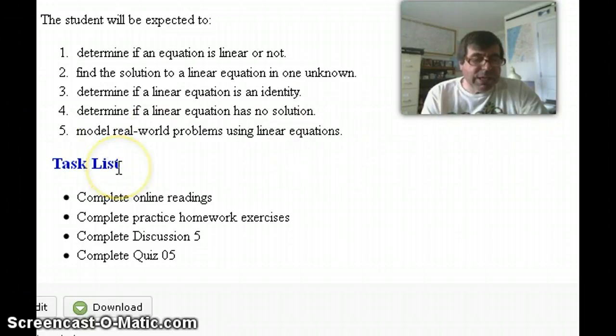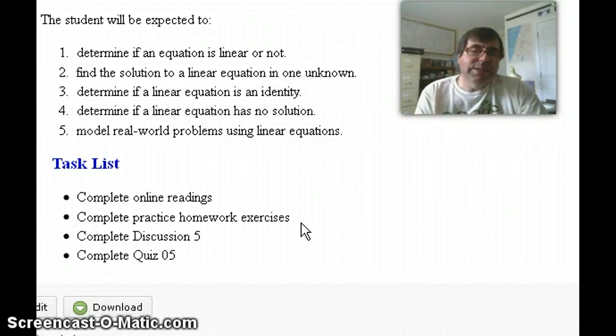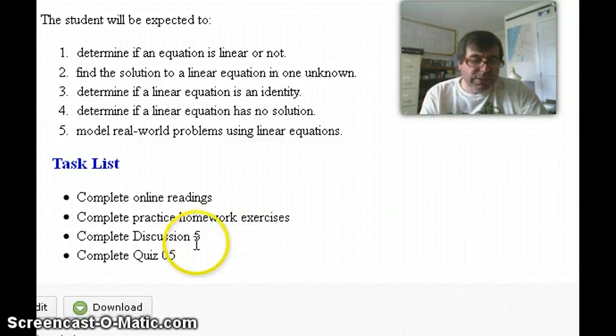All right, so here's your task list. Complete your readings, do your assignment problems. Now, you may have heard me say this before, but if you want to retain the concept and have the skill as part of your life that you could build on, you've got to do some problems. Your discussion posts and your quiz, we just talked about that.